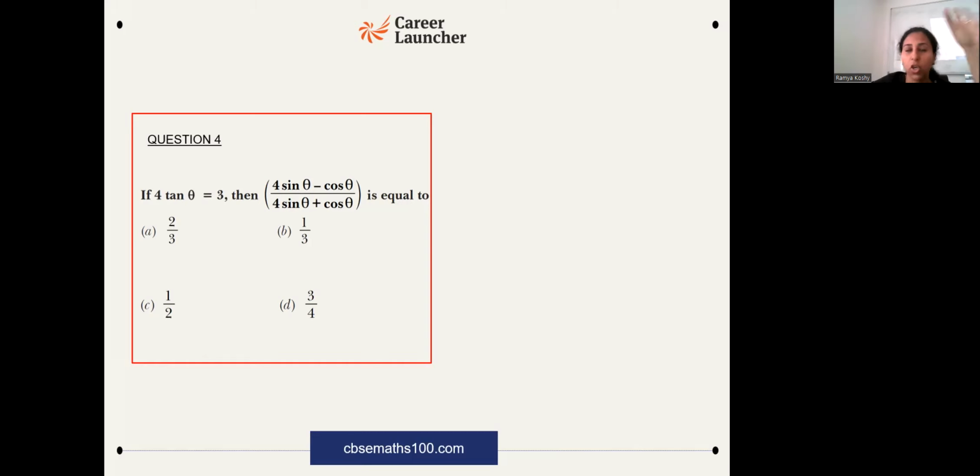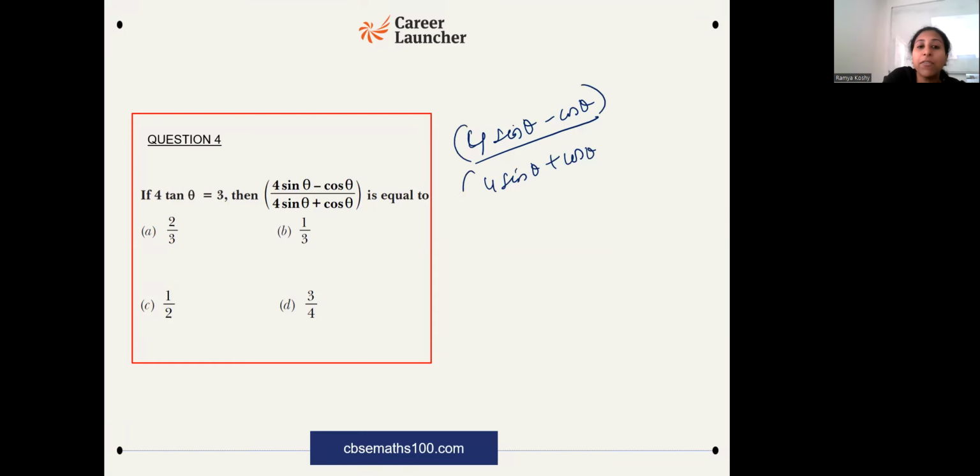No problem. The shortest way is, if I am finding the value of 4 sin theta minus cos theta divided by 4 sin theta plus cos theta, if you divide numerator and denominator of a fraction by the same value, it doesn't change the value. So over here, I could divide the full thing by cos theta.